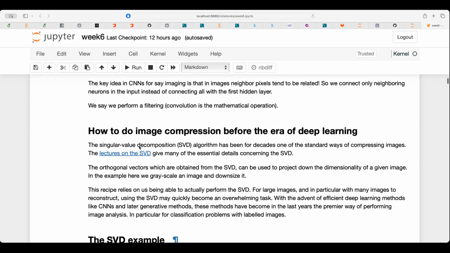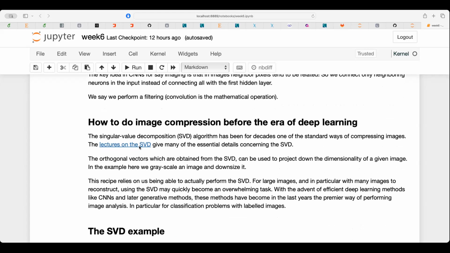Now, one thing before the era of deep learning: how many of you have heard of the singular value decomposition as an algorithm? Well, some of you have. The singular value decomposition is my favorite algorithm in linear algebra.